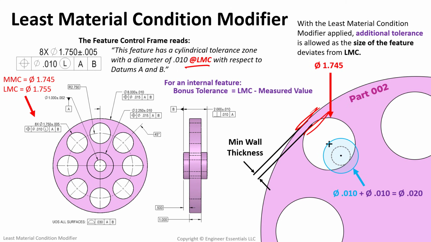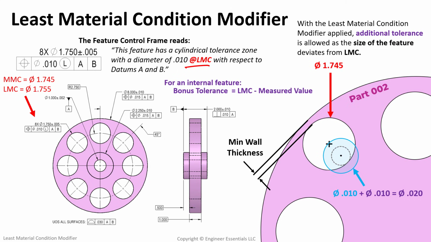Sometimes, even when we use the LMC modifier, we might shoot ourselves in the foot because there's actually something assembling through there, and now we've interrupted or allowed more position to cause interference with that mating part. Now, the LMC modifier gets labeled as the quote-unquote minimum wall thickness modifier, and anytime anyone hears that, they say, well, I definitely care about a minimum wall thickness.